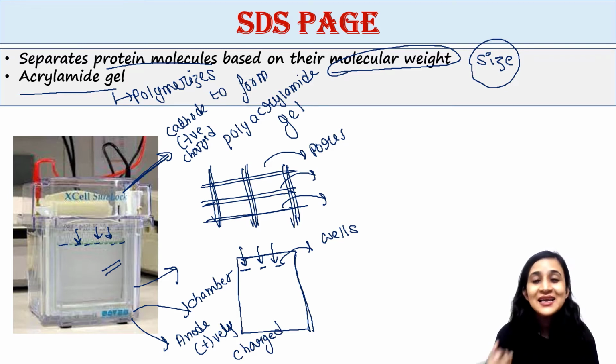When the electric current is applied, protein molecules are pulled down through the gel like that.